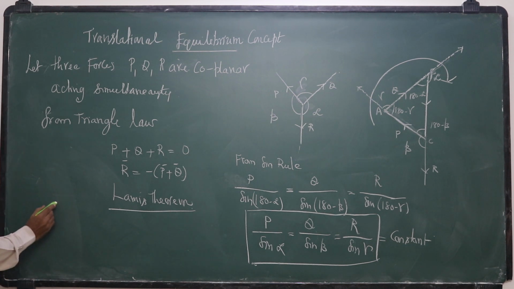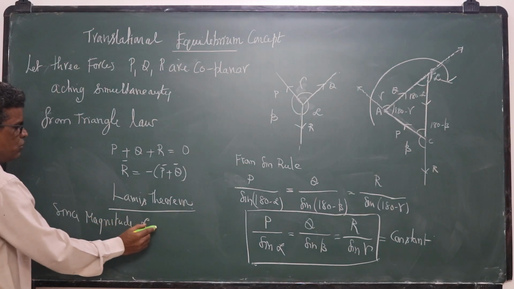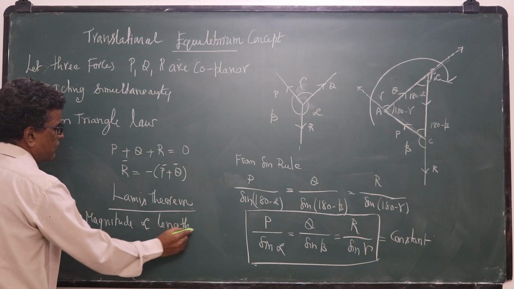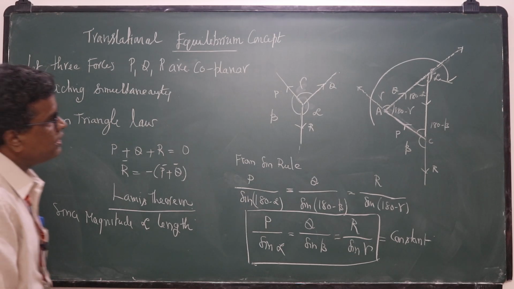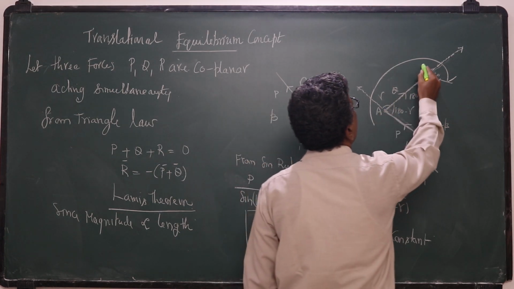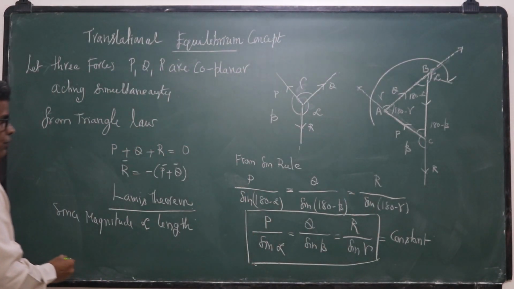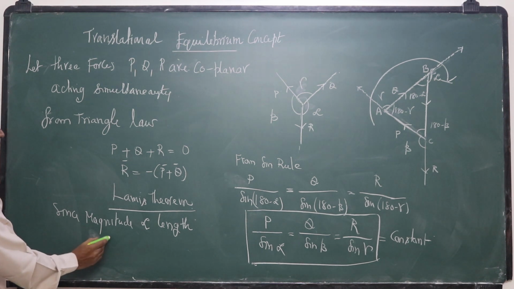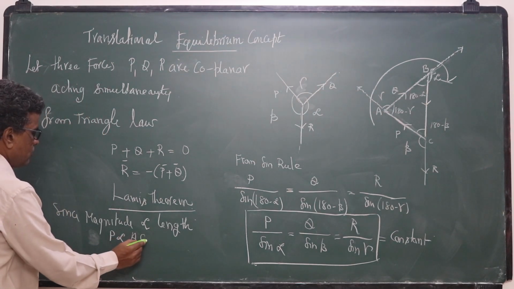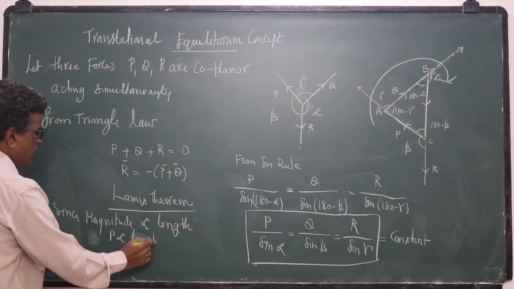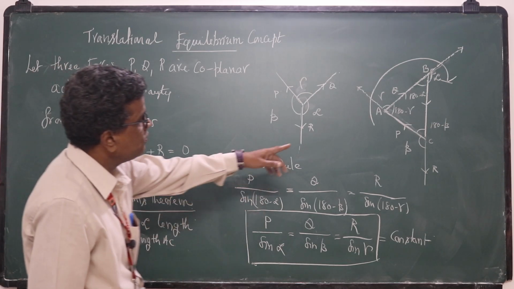Since the magnitude of a force is proportional to its length, in triangle ABC, P is proportional to length AC, and Q is proportional to length AB.